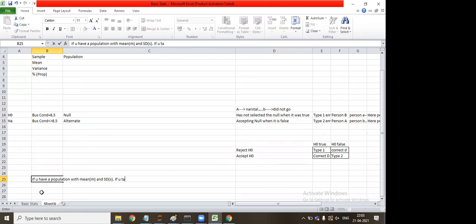if you take random samples out of it with replacement, then the sample mean will follow a normal distribution.